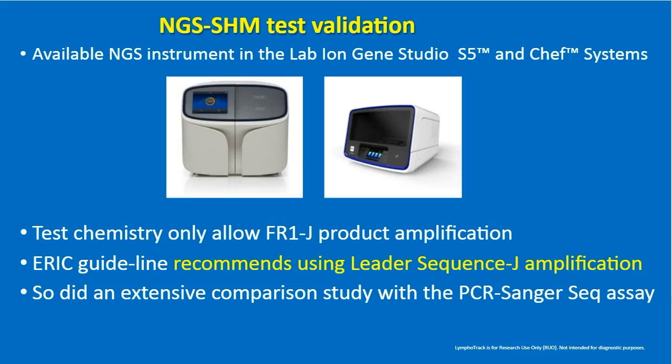But one of the challenges with the Ion Torrent chemistry is that longer fragments cannot be sequenced with high reliability. So we had to go with the FR1 product amplification. Even though the ERIC guidelines recommend using the leader sequence, we decided to do a very extensive comparison study with our PCR Sanger sequencing assay.